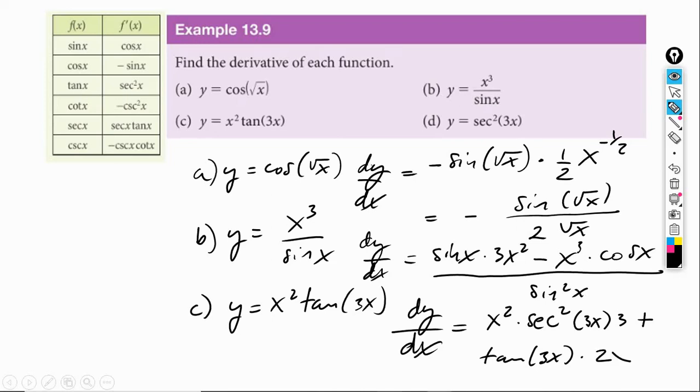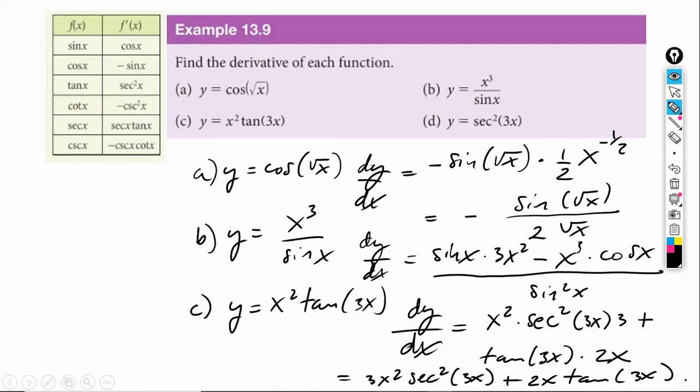And then we would just have to write this down as 3x squared secant squared of 3x plus 2x tangent of 3x.